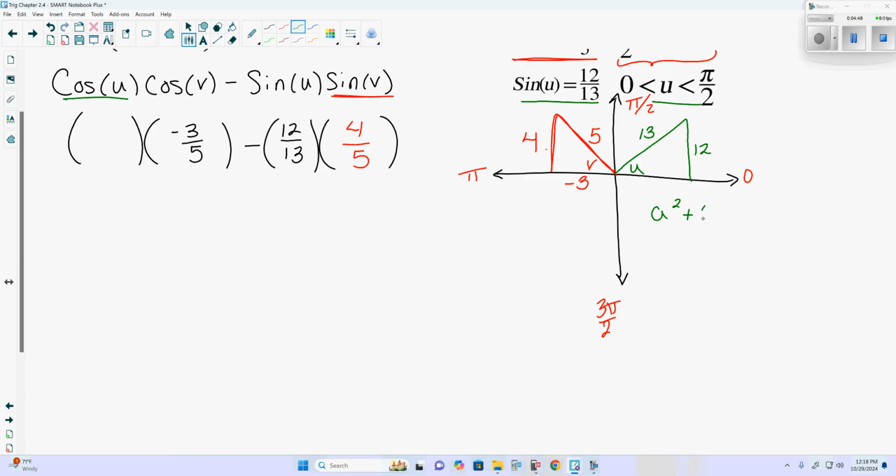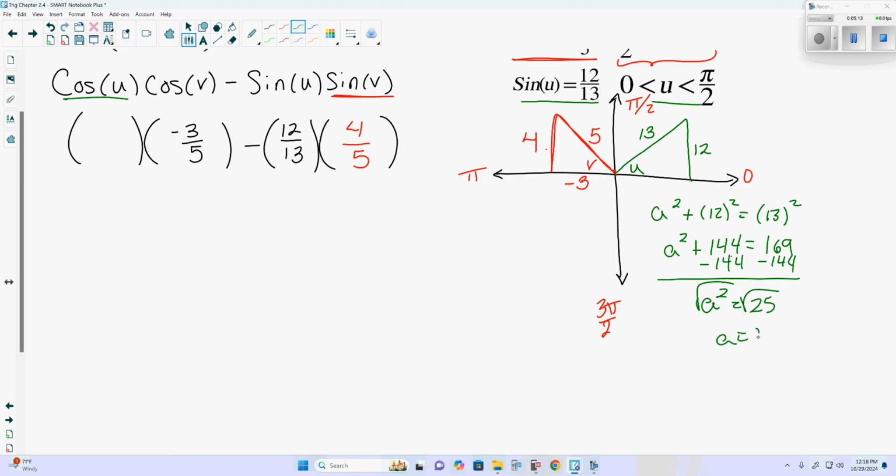So we can do a squared plus 12 squared is equal to 13 squared. Now 12 squared is 144, and 13 squared is 169. At this point, we subtract 144 from both sides, telling us that a squared is 25. Square root both sides, a is positive or negative 5.